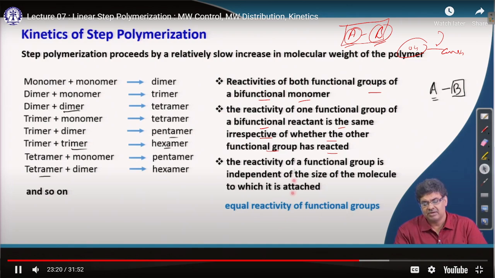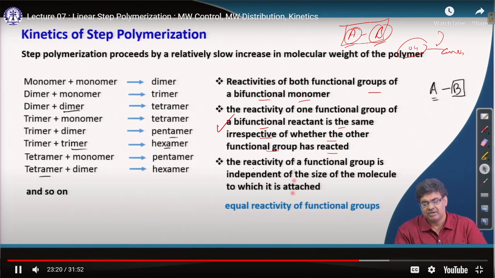Sometimes the neighboring functional group affects the reactivity due to the plus I effect, conjugation, and many other phenomena in organic chemistry. But here we assume there is no effect on the neighboring group, either reacted or not reacted.